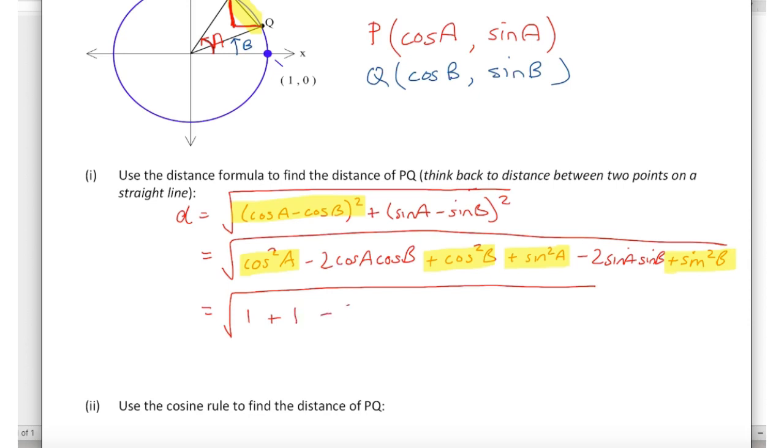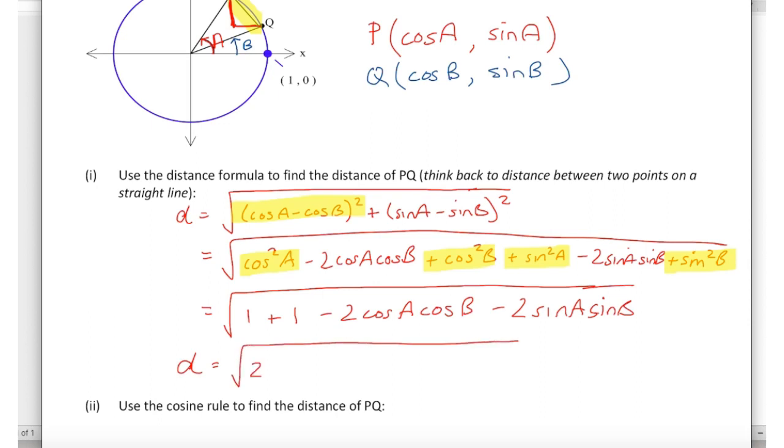Then we've got take 2 cos A times cos B, take 2 sine A times sine B, all under that square root. So the distance is the square root of 2 take 2 cos A cos B, take 2 sine A sine B. Not much more we can do with that at the moment.